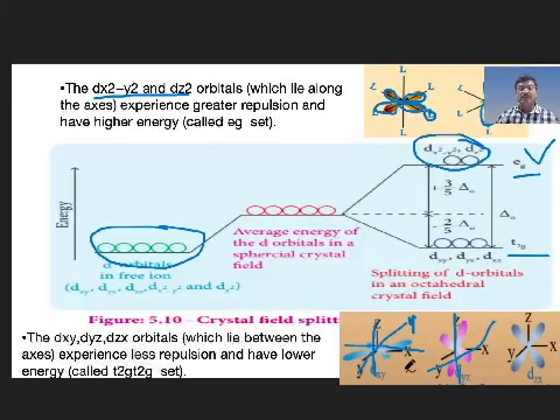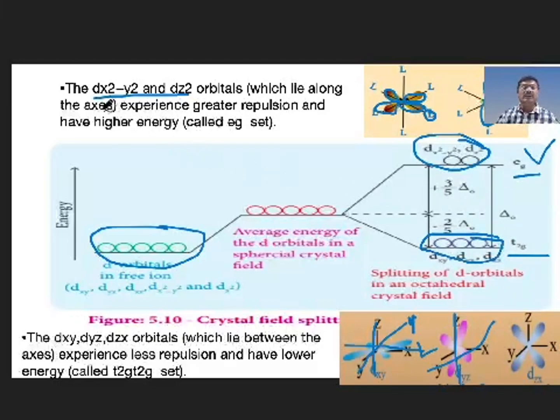So in the xy, yz, zx orbitals, the lobes are present between the axes, and the ligands are present on the axes. That's why the distance between the ligand and the orbital is a little bit more compared to x square minus y square and z square. That's why these three orbitals have less repulsion and go to the lower energy level.